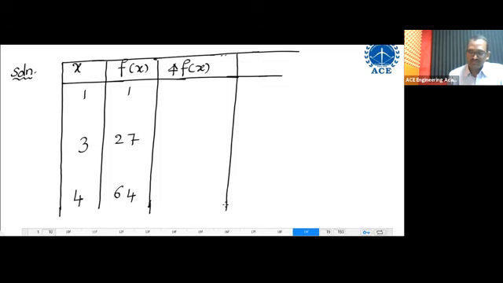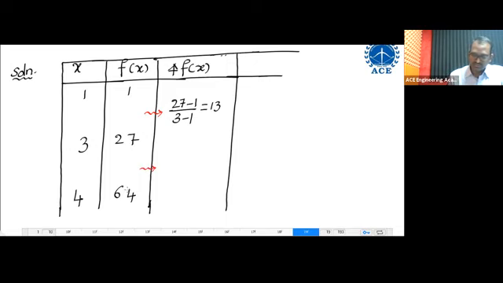How do you write this? This first order divided difference is this value minus this value divided by this value minus this value. 26 by 2, that is 13. Between these two, how do you write?